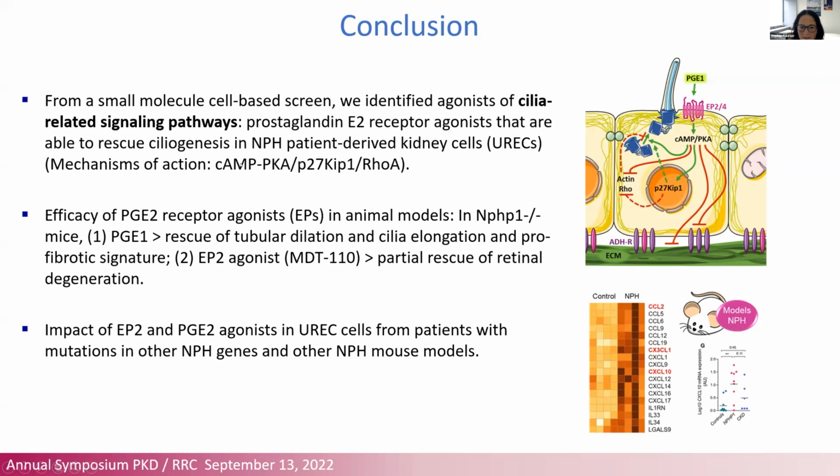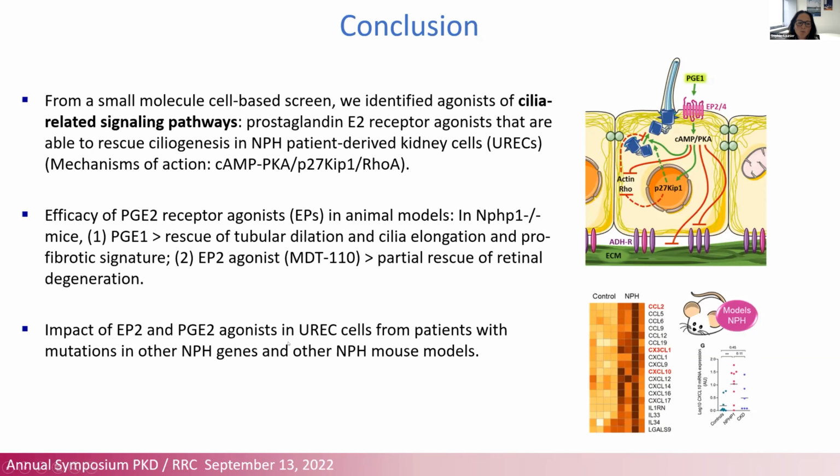We show the mechanism based on our models, and we also validated the efficiency of this compound in animal models, especially in the NPHP1 knockout mice, with PG1 that rescues tubular dilatation, cilia elongation and the pro-fibrotic signature, and with EP2 agonists that partially rescue retinal degeneration.